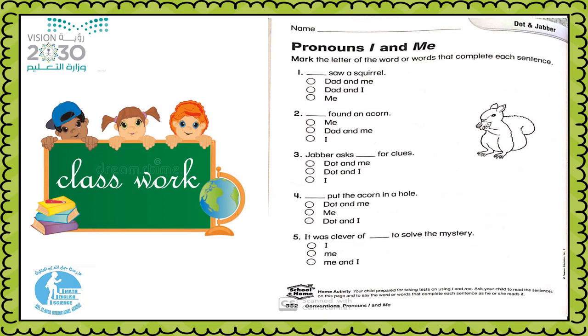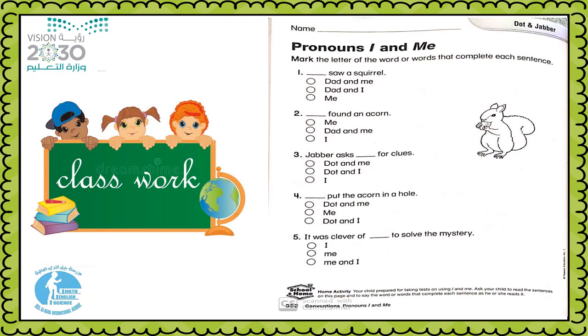Because there's an action verb, asks. It's in the middle of the sentence. Which pronoun should we use in the middle of the sentence after the action verb? Me. Excellent job. That's why we choose Dot and me. We never use the pronoun I after the action verb.